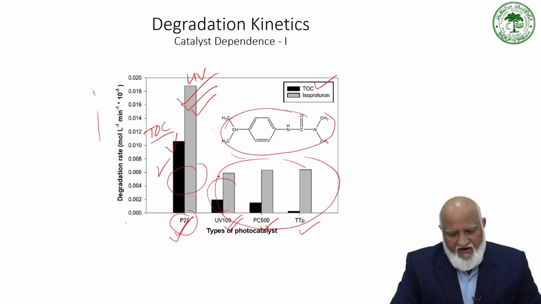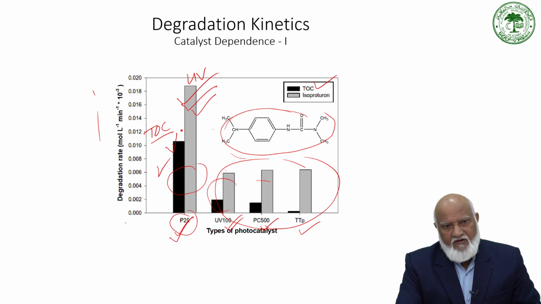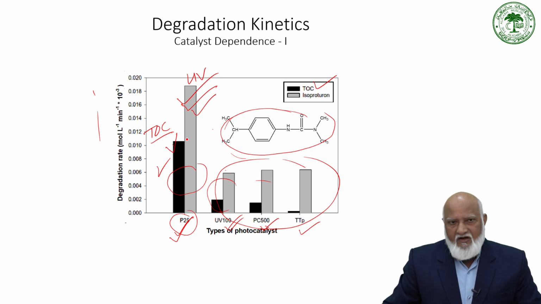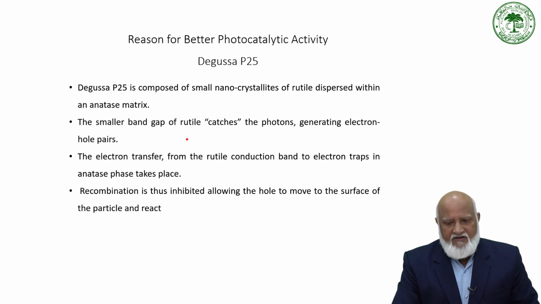This has 100% anatase as well as a lot of surface area. Surface area is also very high in these 2 cases as compared to P25. But although the activity of P25 is better as compared to the other higher surface area, 100% anatase sample.